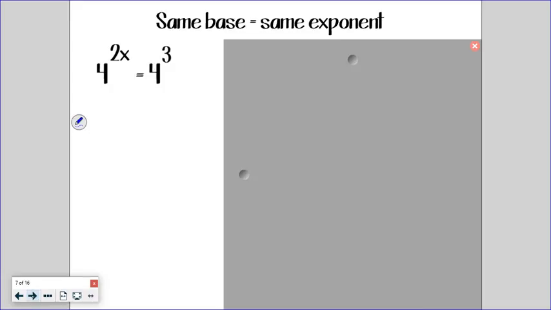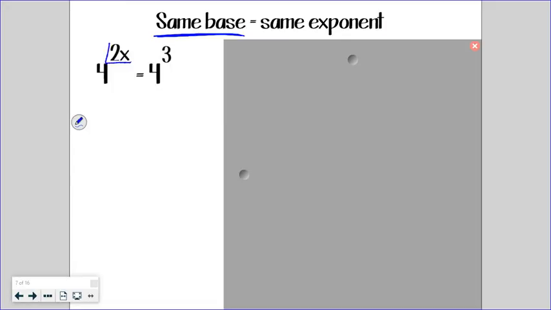This is a little preview into where we are heading eventually, but we'll see some light exponential equations here where the biggest thing you want is the same base. If you have the same base on both sides, doesn't it make sense that the exponents would have to be the same too if it's saying that they're equal? 4 raised to something equals 4 raised to, well, the same thing, right?